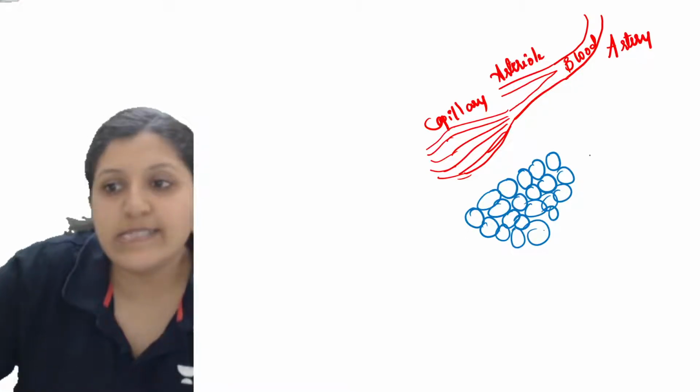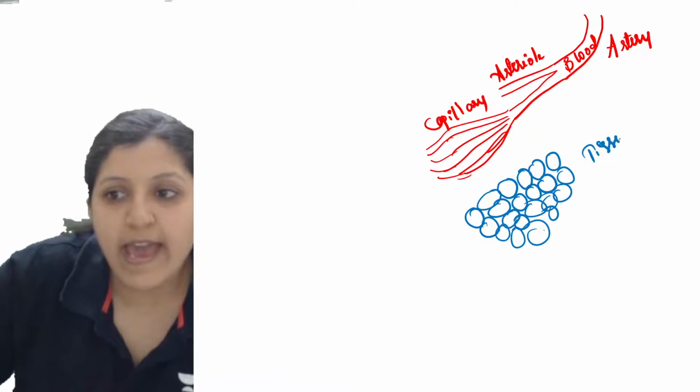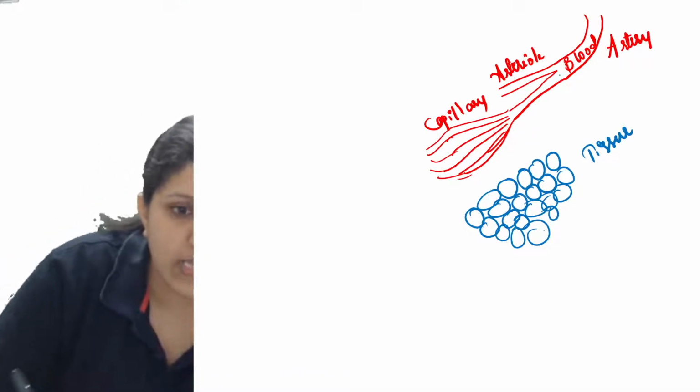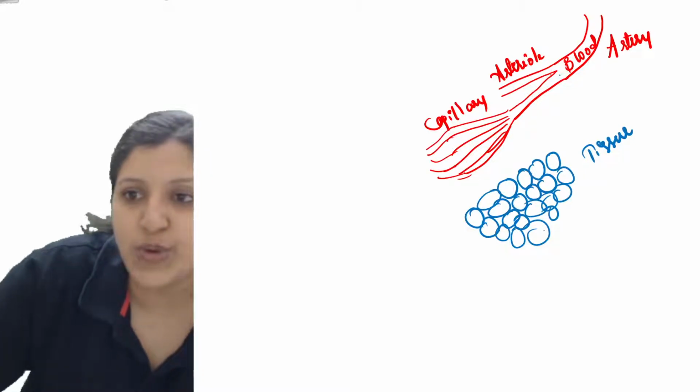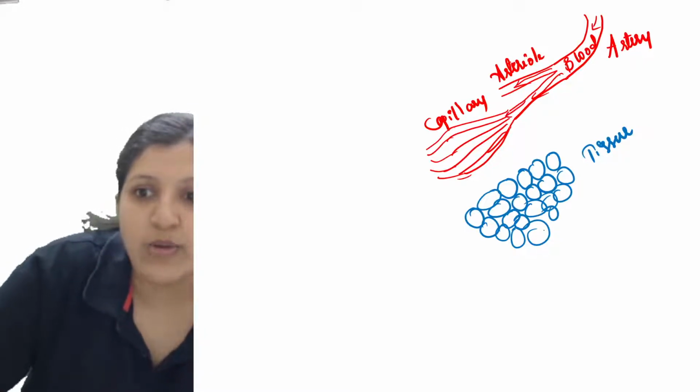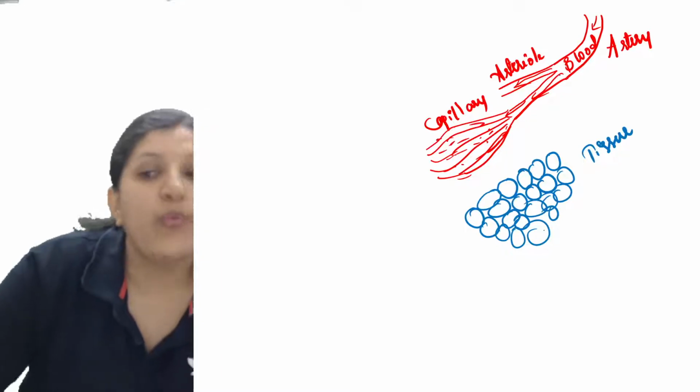So this is the tissue. While the blood moves in through the arteries and arterioles, it comes down and enters each of these capillaries.